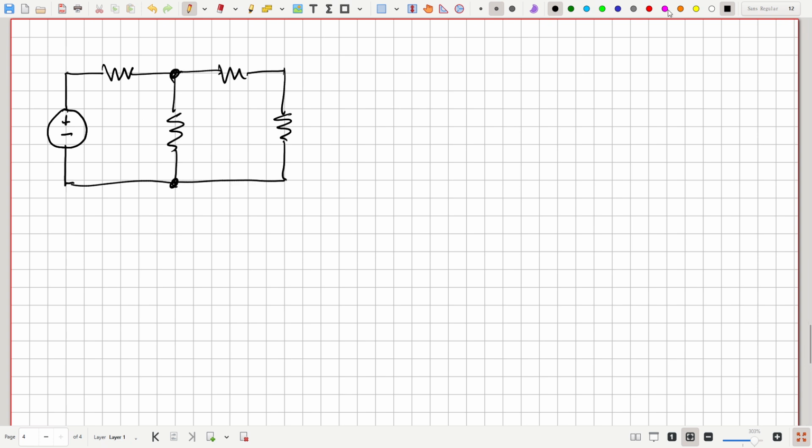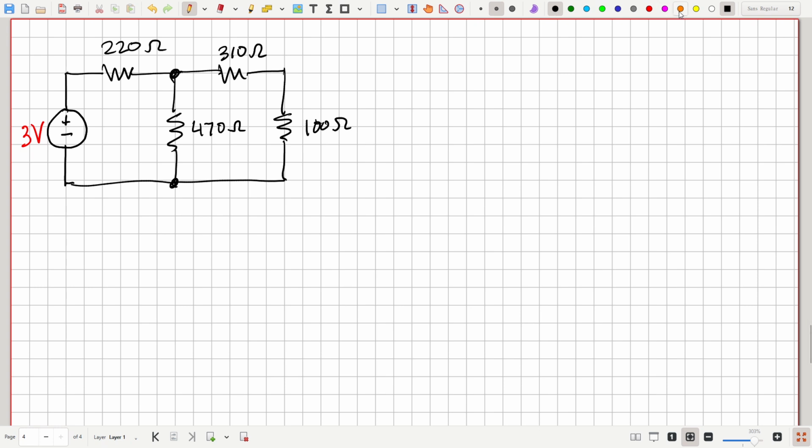This is 220 ohms, 310 ohms, 470 ohms, 100 ohms, and 3 volts for our source. Solve this circuit and use the node voltage method.